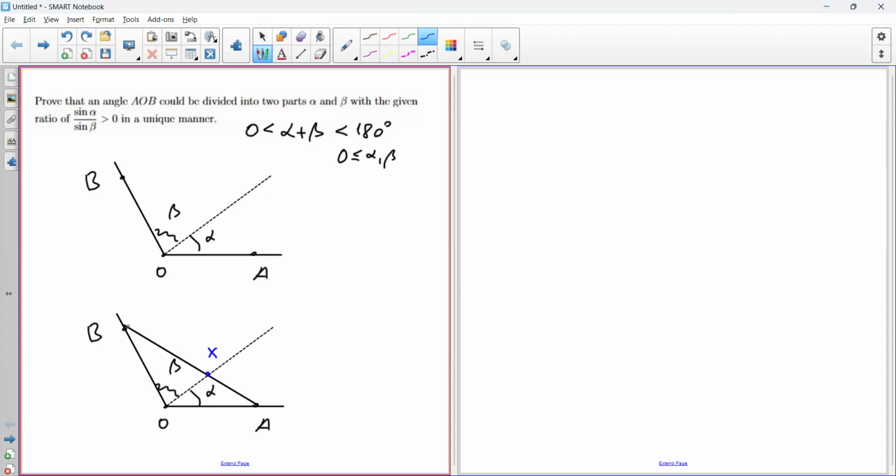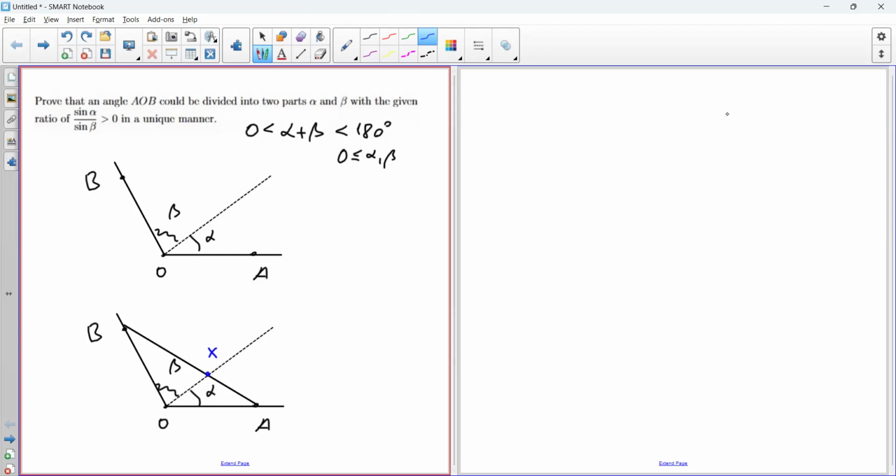First we will take some particular points on the sides of the angle, and also we will consider the auxiliary point X here. From this point of view, we already have a problem which is not just about angles, but about the entire geometrical situation, which includes the triangle.